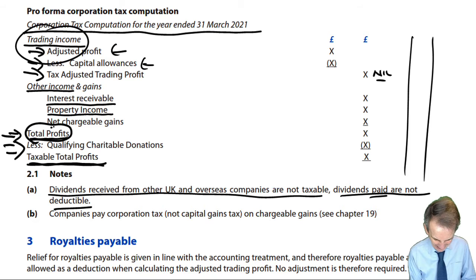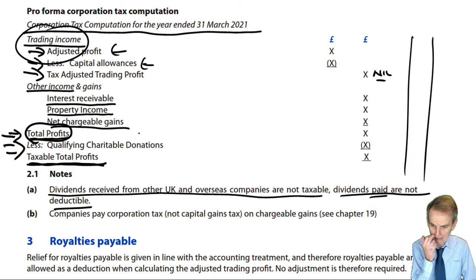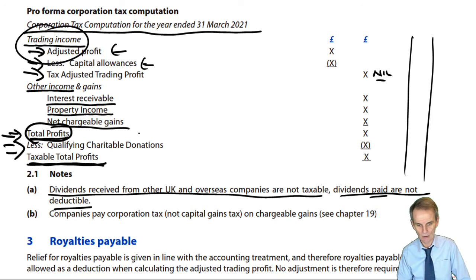We've then got net chargeable gains. That, simply from what you learnt in personal tax back in chapter 12, is for the accounting period. So this time we're relating capital disposals for capital gains on a date of sale basis.